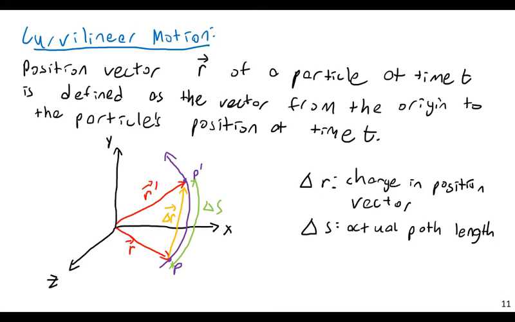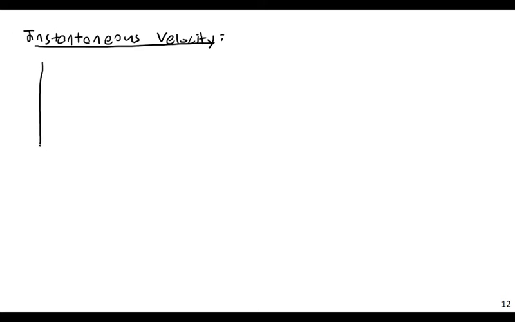So let us look at this here. All right, so let us compare instantaneous velocity to instantaneous speed. Well, instantaneous velocity is going to be, let me draw the same coordinate system.